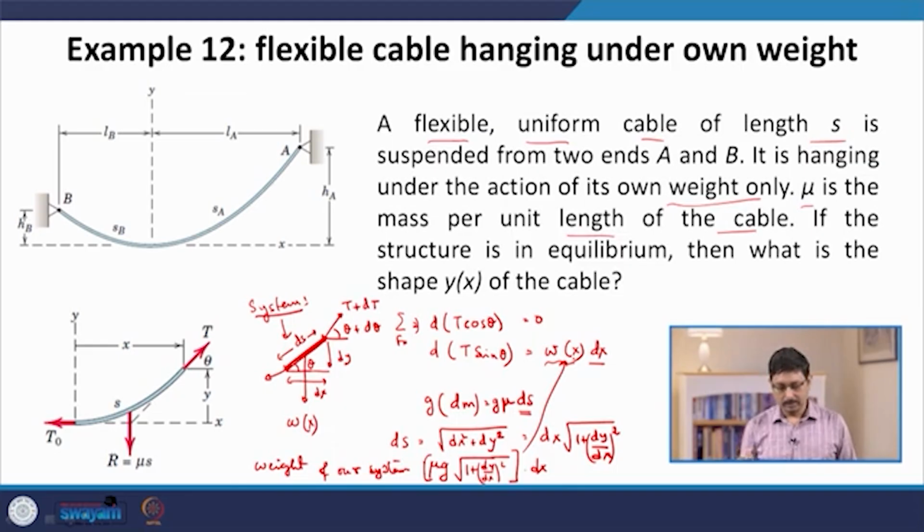Consider two pieces of rope which have the same dx, but one makes an angle theta 1 with the horizontal, and the other is a little more bent upward, at theta 2, where theta 2 is greater than theta 1.